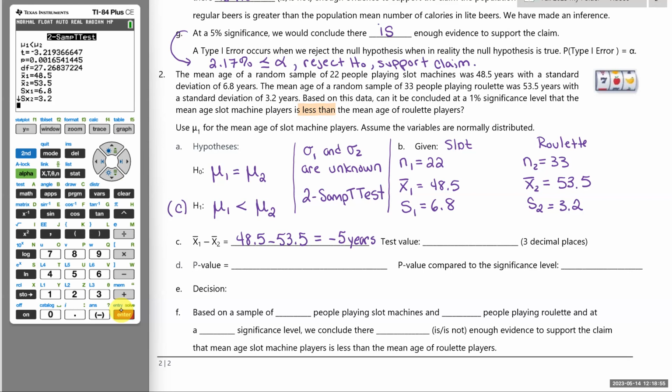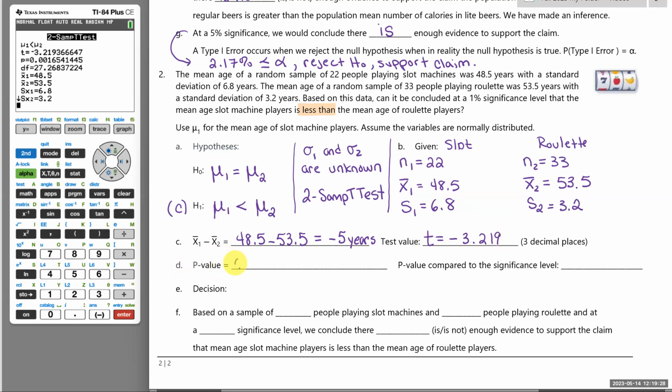All right, so now the test value is coming out negative because this difference is negative. So that's t equals negative 3 point, rounding to 3 decimal places, that will be negative 3.219. And we need to decide if that's statistically a significant finding by looking at the p-value.